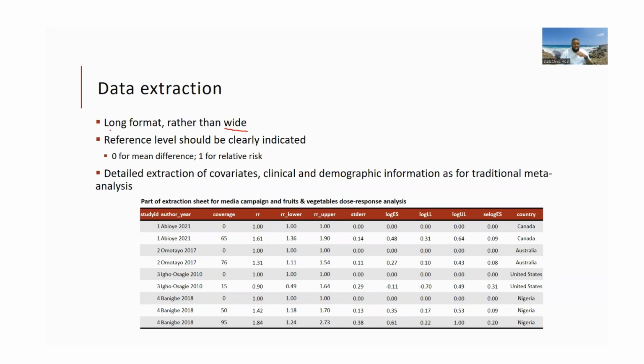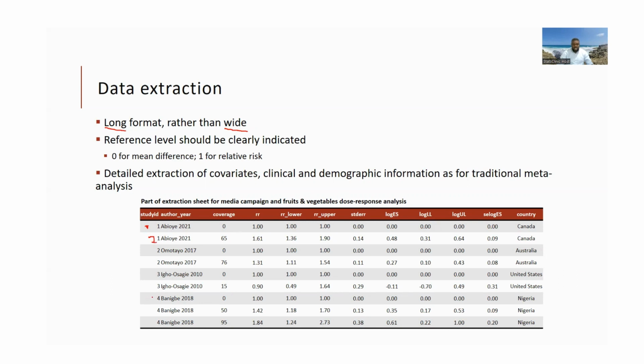But here, you would extract the data in long format. And what does long format really mean? Long format means that each category would have its own row. Okay, that's one, that is two. Okay, this is two rows.